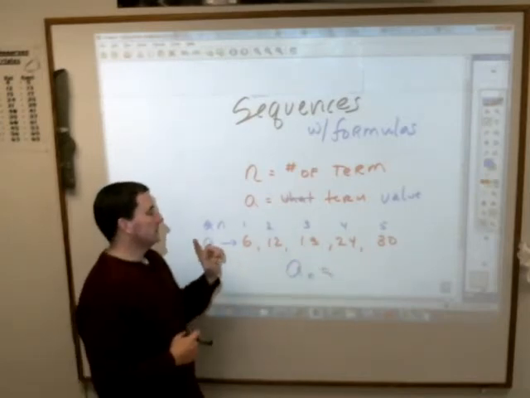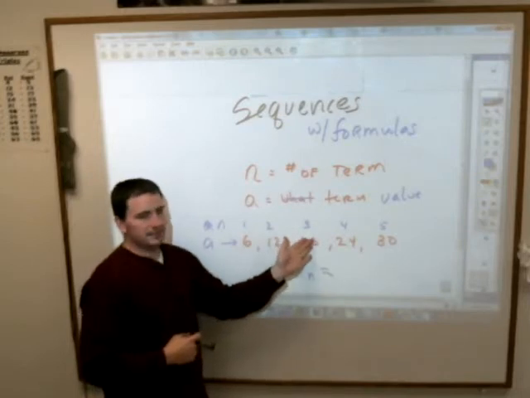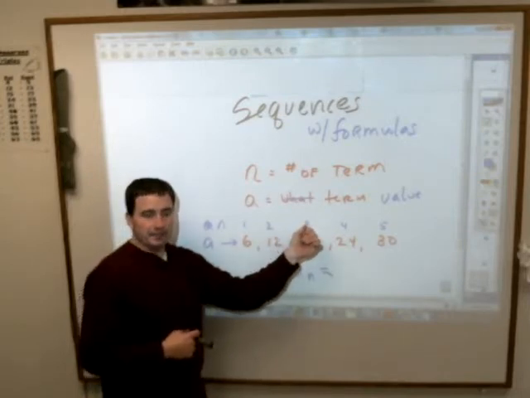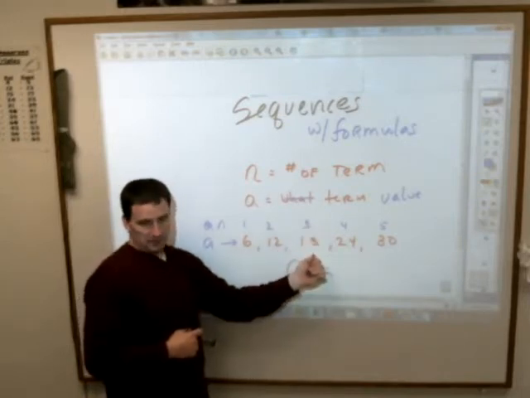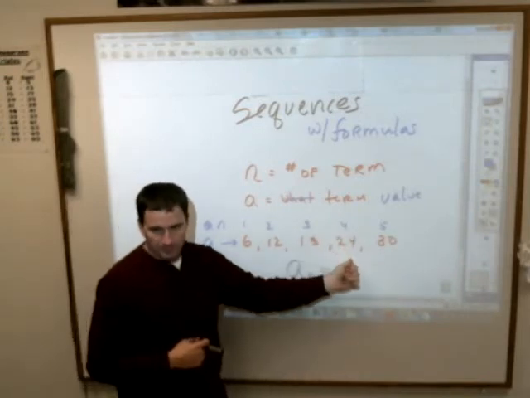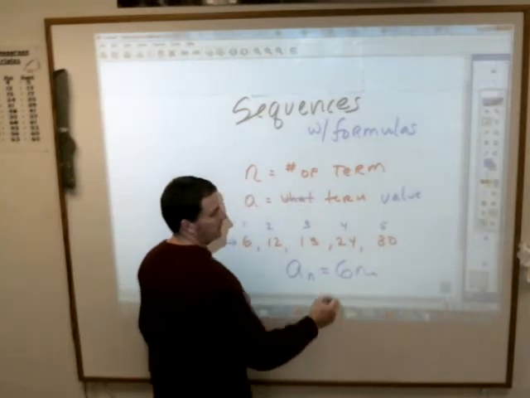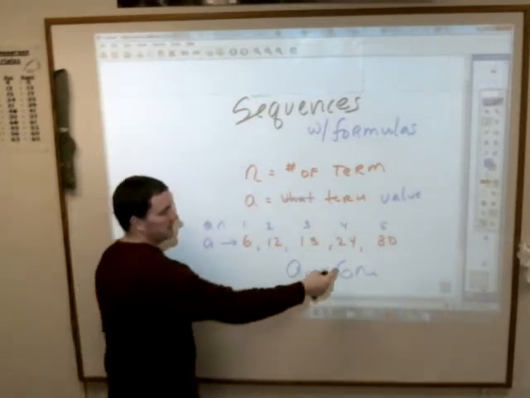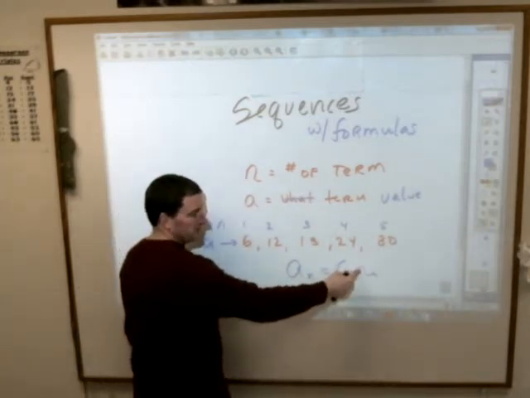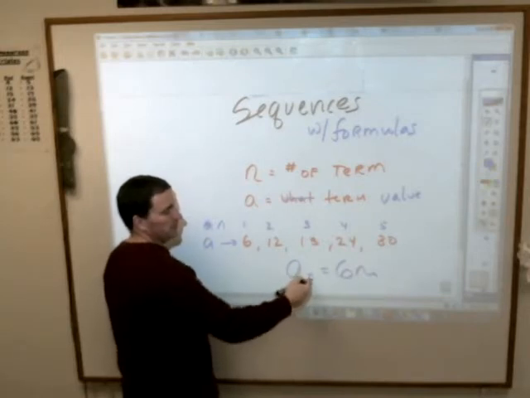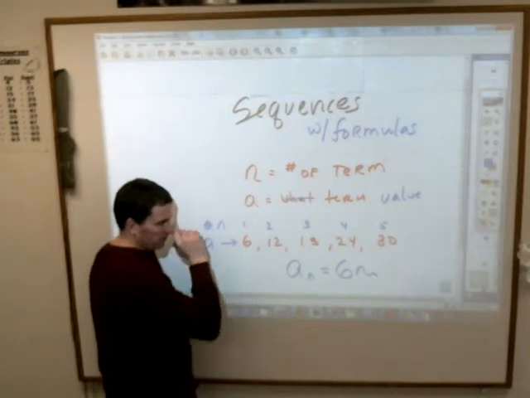Well, no. I'm adding 6 to the next a, but I'm saying if I knew the n, what do I do to the n to get this term? Every one of them, what is it every time? Times 6. So here's your formula. 6 times whatever term it is gives you the value of whatever term you're talking about. Okay, that's kind of the gist of the way it works.